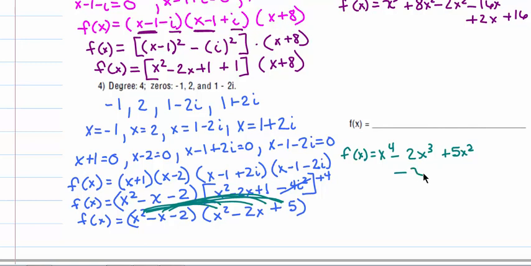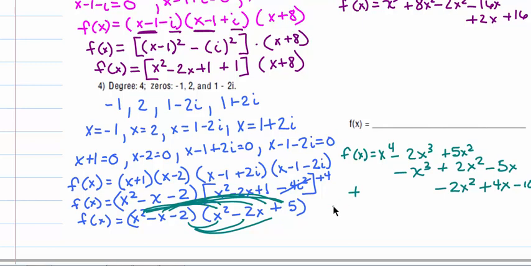So minus x to the 3rd plus 2x squared minus 5x. And then last, distribute my negative 2 to every term. So I have minus 2x squared plus 4x minus 10. Add my like terms together. So I get x to the 4th minus 3x to the 3rd plus 5x squared minus x minus 10.